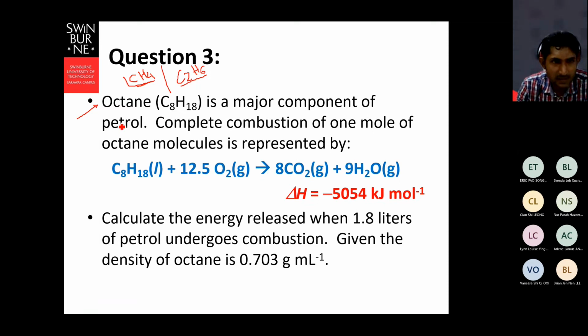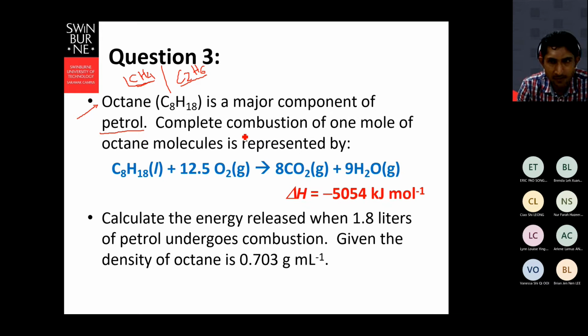So octane is what we use in our car for petrol, our car fuel. It is a major component of petrol, but petrol is a mixture of many things. Octane is one of them, right?